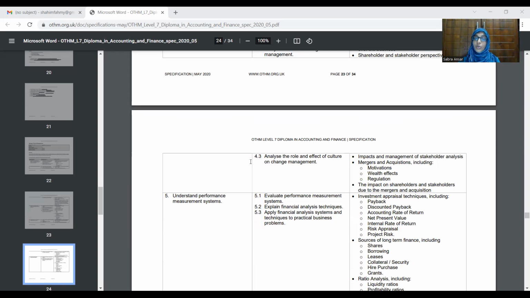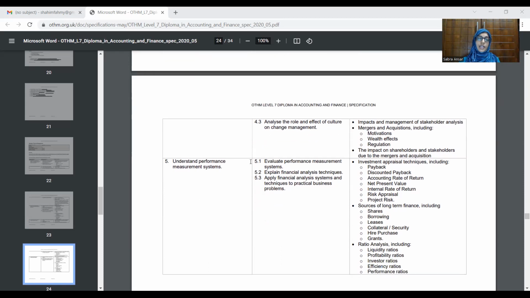But here it is how change management or merger and acquisition would affect an organization from a financial perspective. That is something we will be talking about in this unit as well.